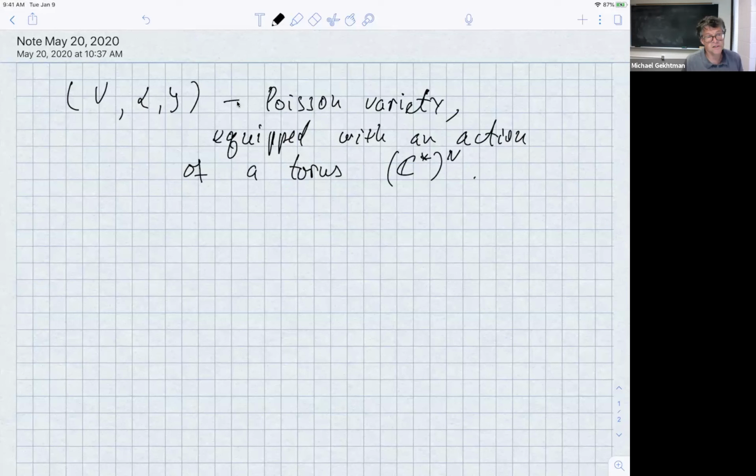So we're looking for nice coordinates in this situation, and we're looking for transformations between these nice coordinate charts. But let me just start with the simplest examples of Poisson structures that we all know.